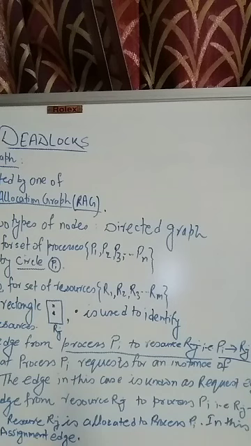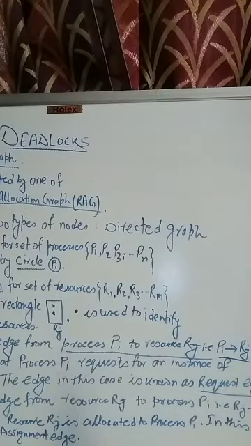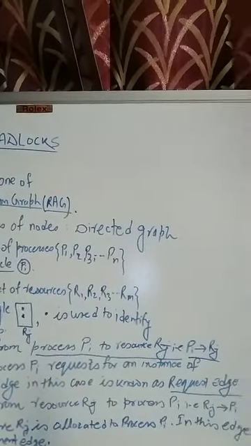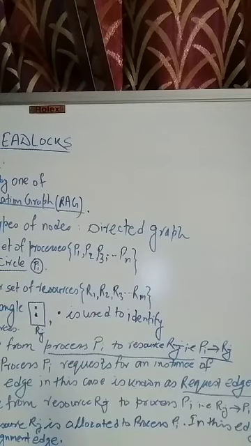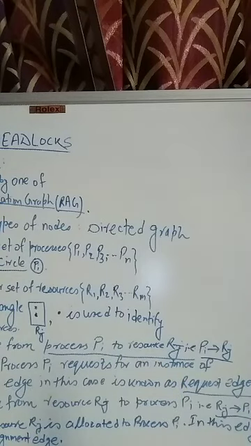The edge in this case is known as a request edge. Now, a directed edge from resource Rj to process Pi, that is Rj arrow Pi, represents that resource Rj is allocated to process Pi.